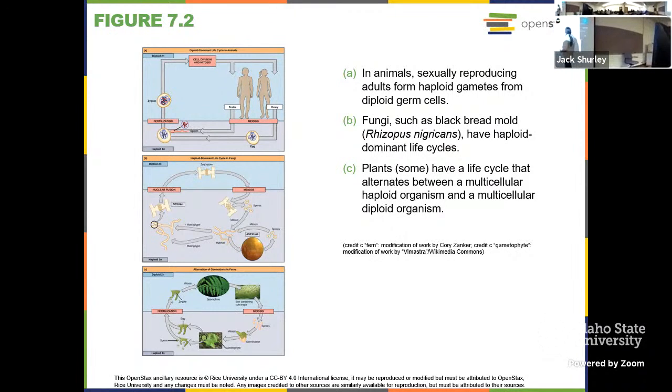So in this case, this fungus, Rhizopus nigricans, it's a black bread mold, something that most of us have probably seen at some point, moldy bread. So Rhizopus has haploid dominant stages and is diploid for just a brief period. We're different, right? So that's the idea.